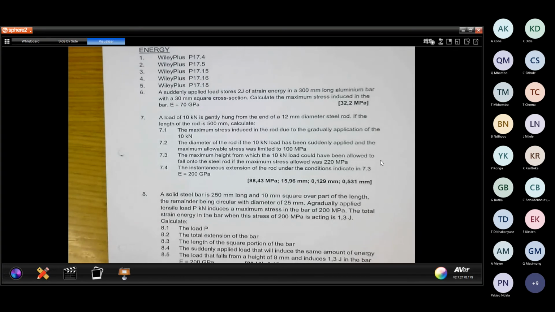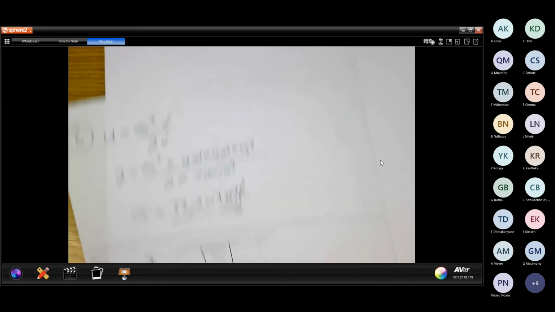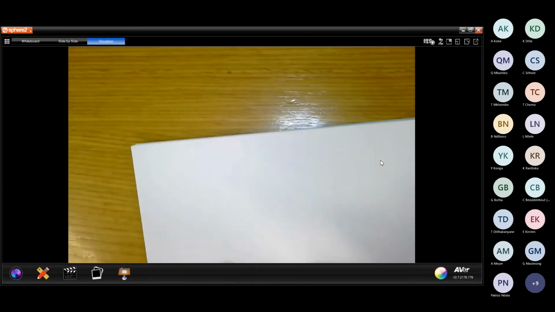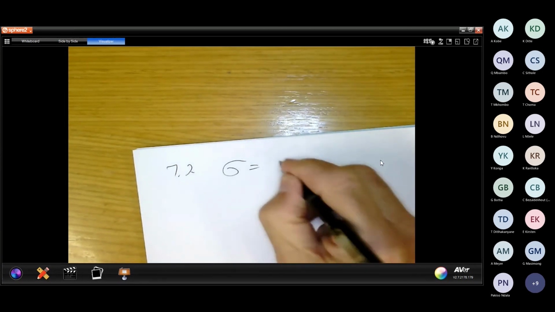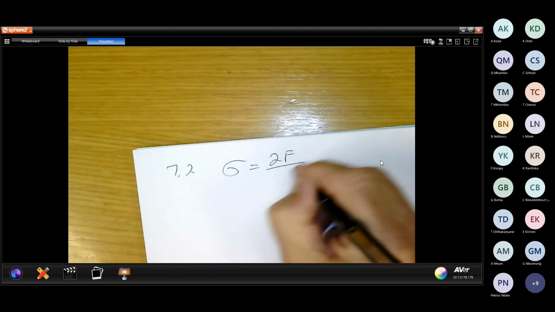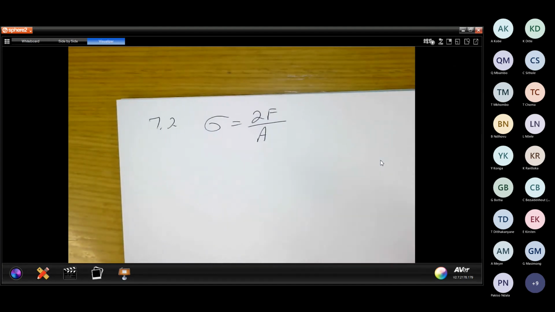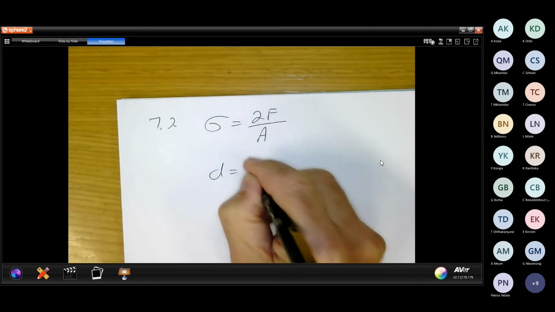Right. One thing we know in the case here for 7.2, we know the formula says for suddenly applied is 2 times the force over the area. And you want the D.